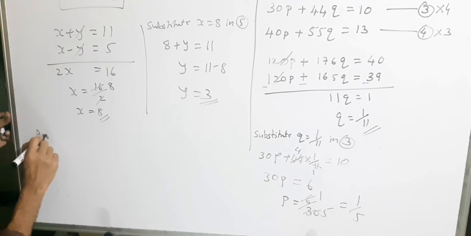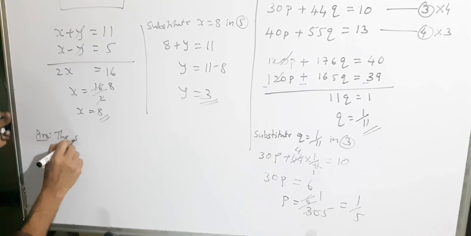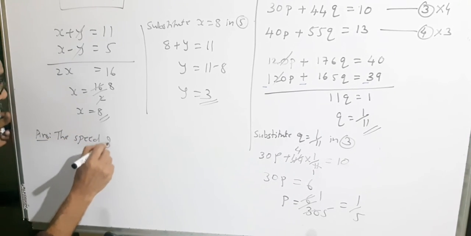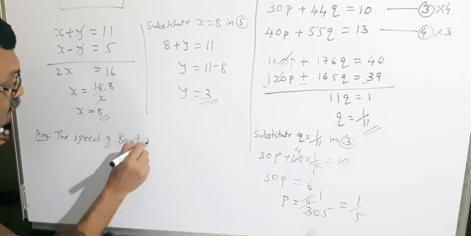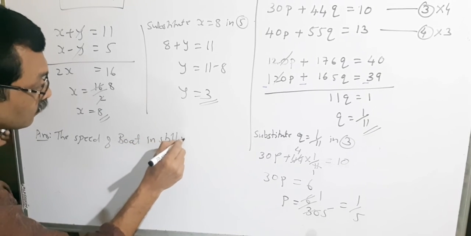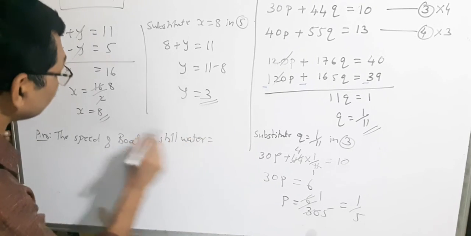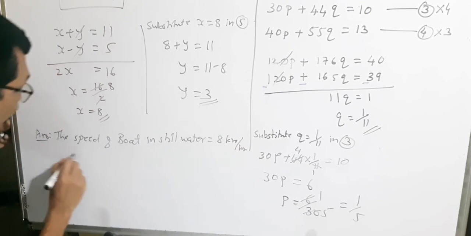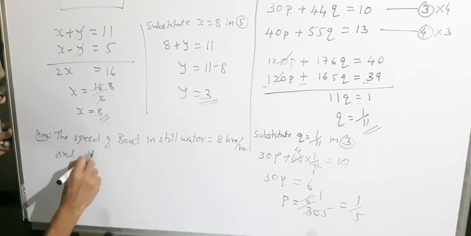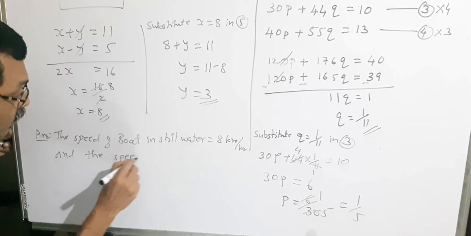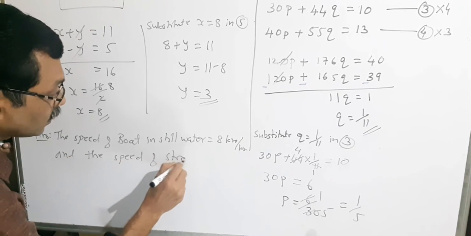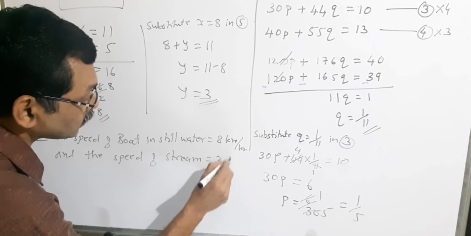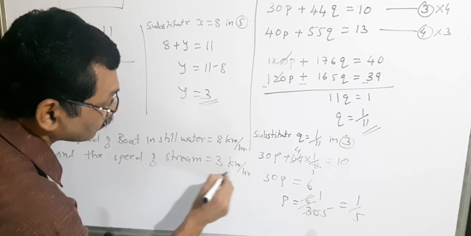So therefore the answer is: the speed of the boat in still water is equal to 8 km per hour, and the speed of the stream is equal to 3 km per hour.